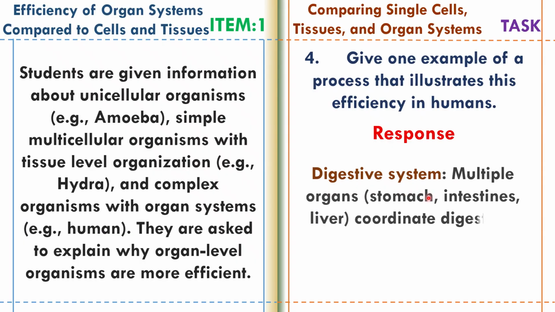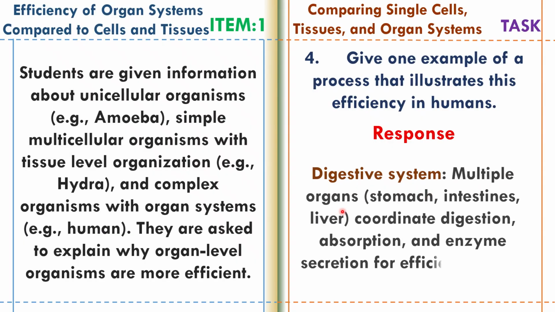Digestive system: multiple organs, stomach, intestine, liver, coordinate digestion, absorption, and enzyme secretion for efficient nutrient use.